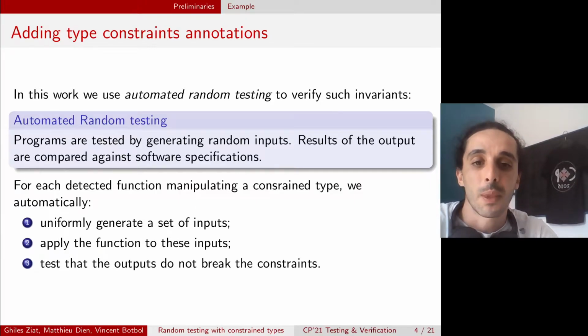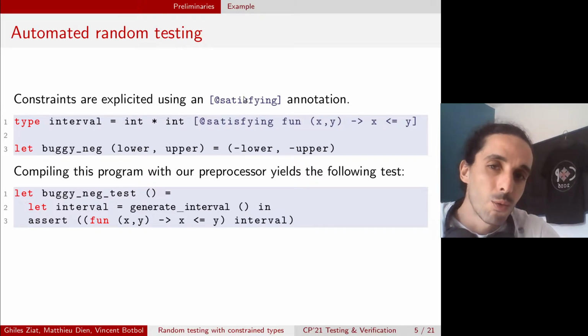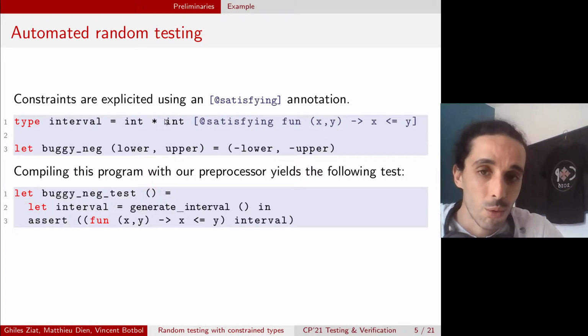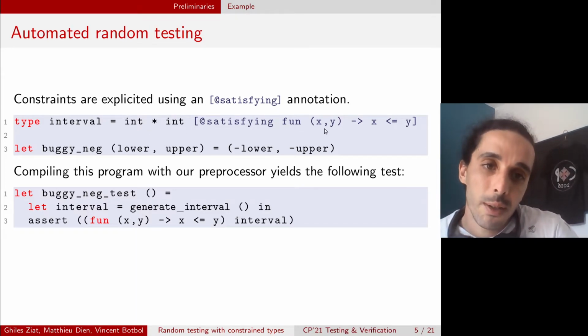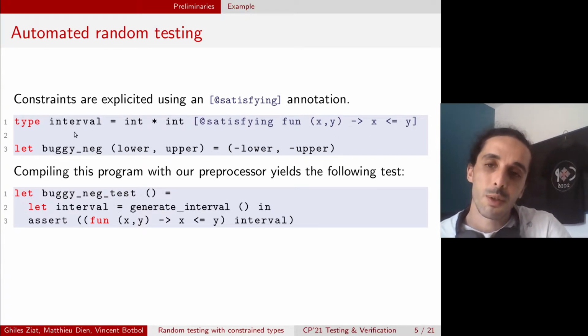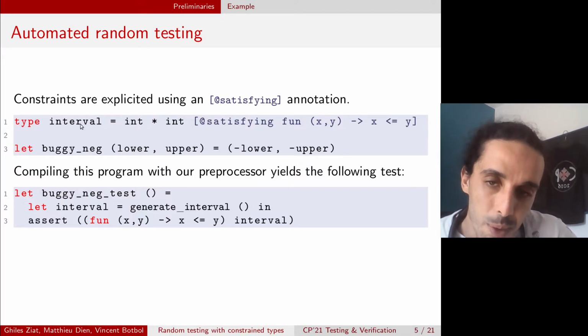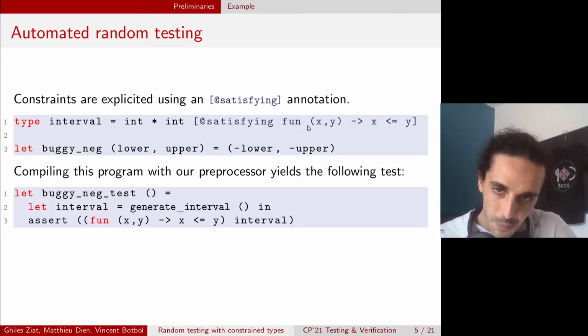satisfies the predicate. So if we go back to our example, we provide an annotation to the type here, that is the pair of integers, and we annotate it to make it respect the following predicate. This is to be read as the type interval is the pair of integers that satisfies the following property.